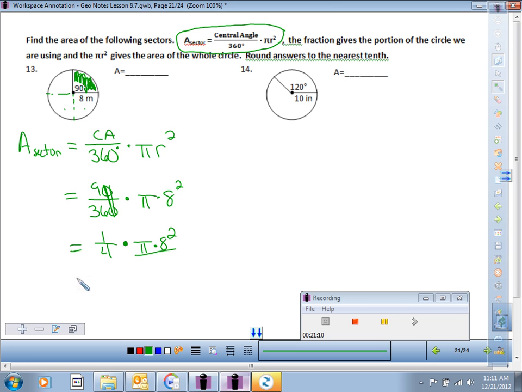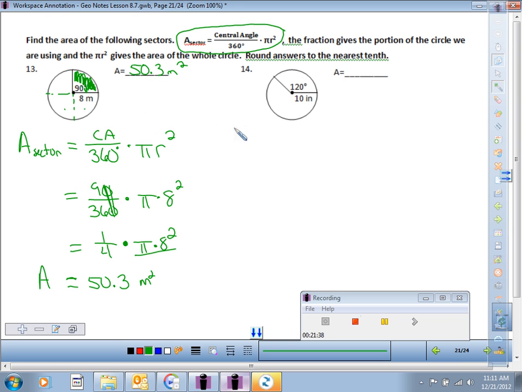We can take 1/4 times pi times 64, and you get an area of that sector that is approximately 50.3 meters squared. Now, could we do that in terms of pi? You betcha, we could. Am I going to make you do that? No. When we do areas of the sector, we're just going to go straight to that decimal. Makes it a little bit easier on us because sometimes we get ugly, ugly fractions.